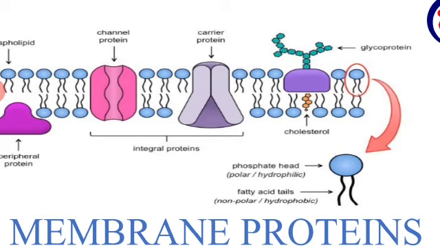Now, charged particles do not easily cross the plasma membrane, but these charged particles might be required in the cell or inside a cell organelle. For example, when you break down glucose into pyruvate, pyruvate is a charged particle.